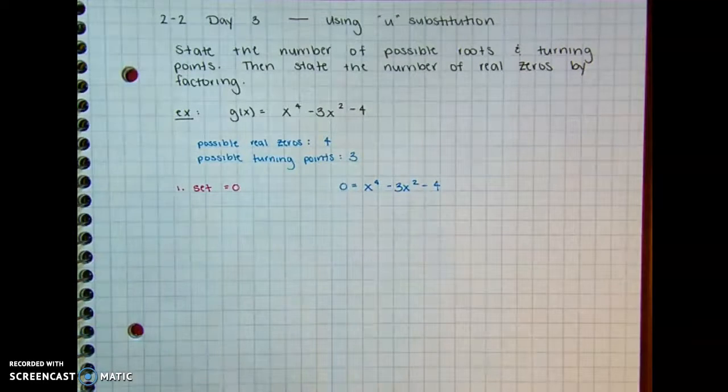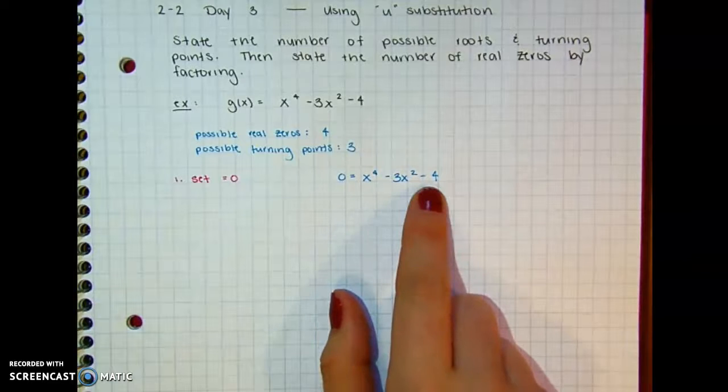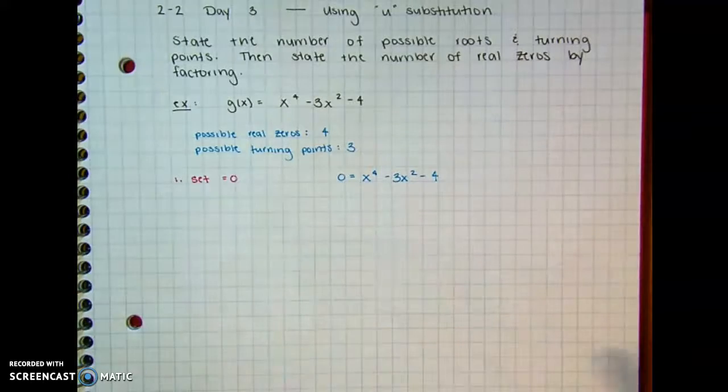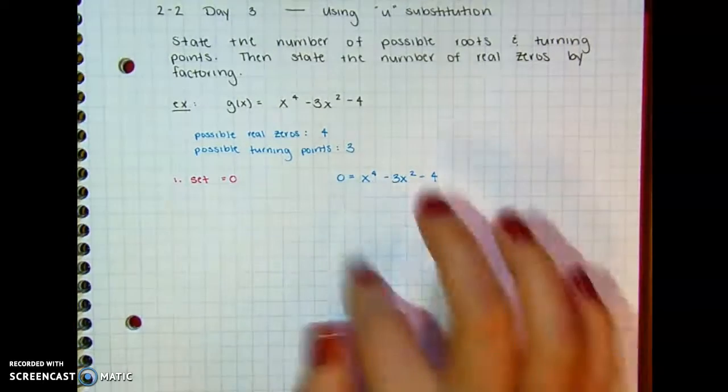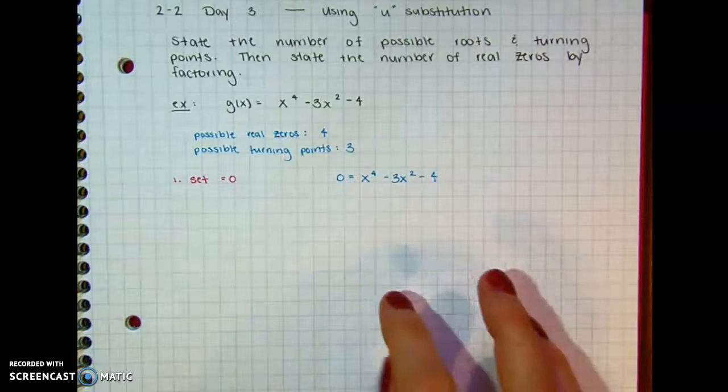Now if we're going to factor this, first thing is, can I factor anything out? And the answer is no, because they don't all have something in common. And it's really challenging. You guys know how to factor quadratics, but you don't know how to factor anything else. Or at least I haven't taught you.